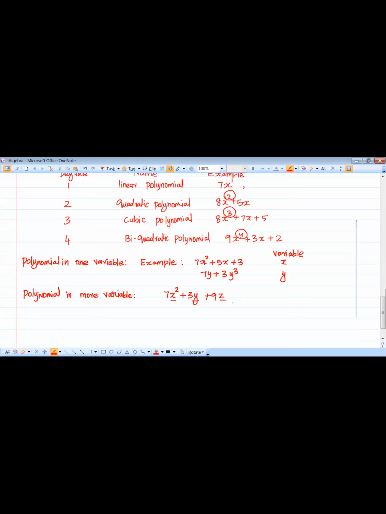So you have more than one variable. So then you can say that is a polynomial in more than one variable, or more variables. Got the point clear? Do you all understand the difference between polynomial in one variable and polynomial in more than one variable? Yes, got it? Good.